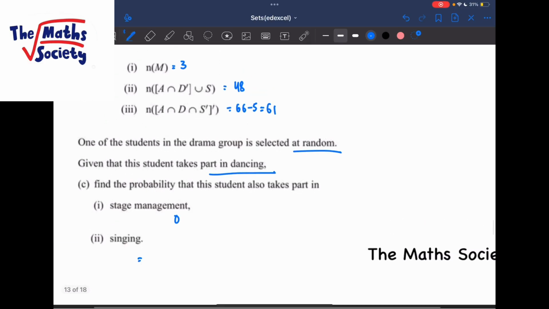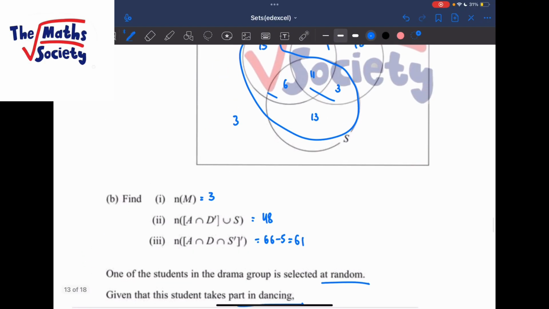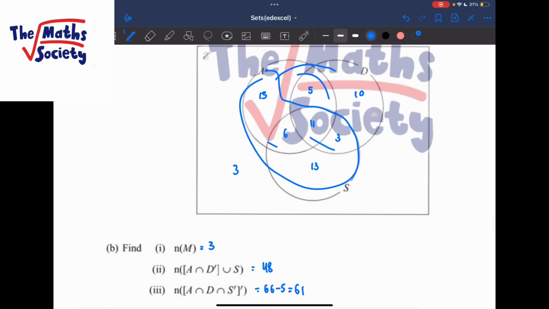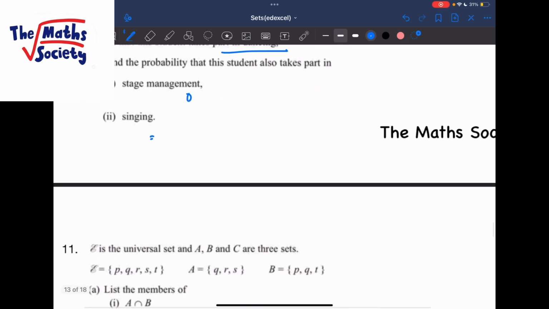So singing and dancing is 11 plus 3, which is 14, divided by the total, 15 plus 26 which is 29. So it's 14 by 29.